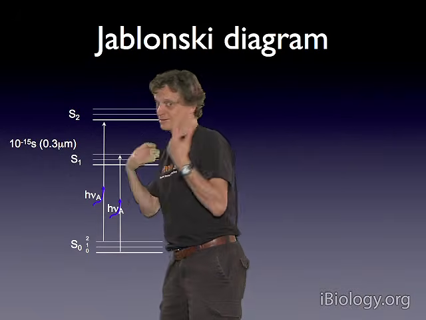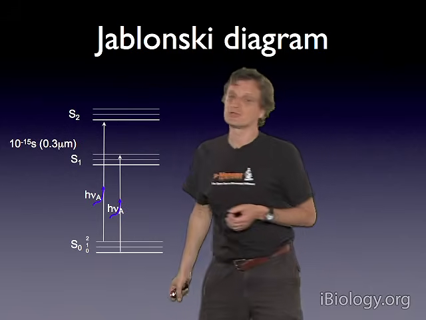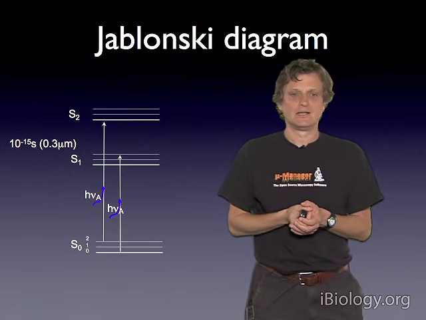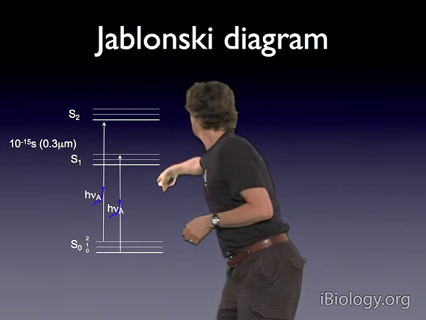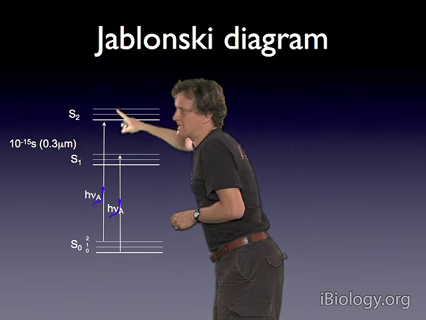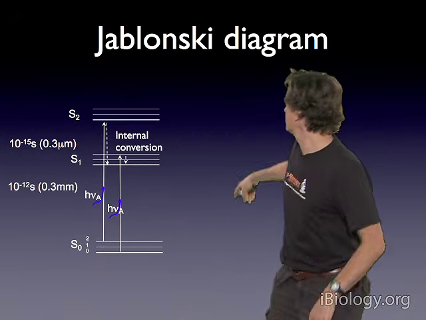And since light goes extremely fast, it's pretty amazing that light travels only about 0.3 microns during this time period.